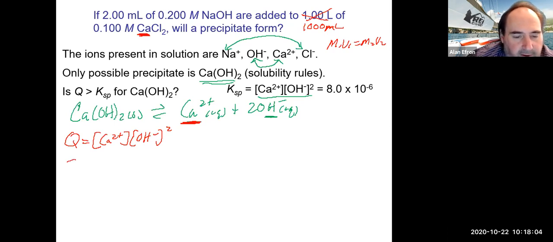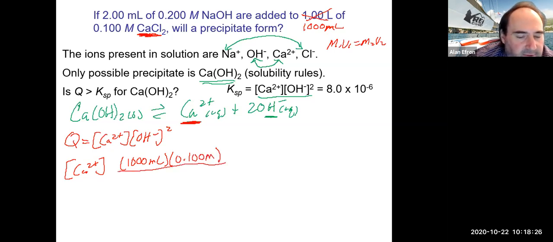So for our calcium, which is going to come from our calcium chloride, we would need to figure out its concentration. So we would have 1,000 milliliters times its molarity of 0.1 molar divided by our total volume here, which would be 1,002 milliliters.